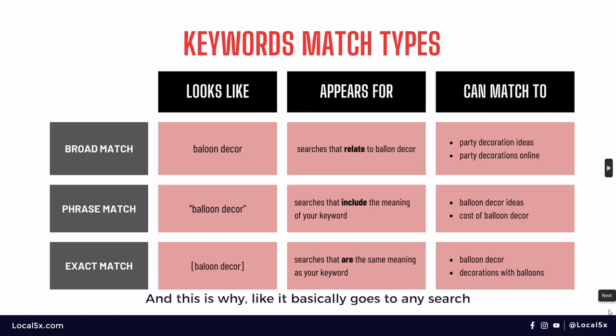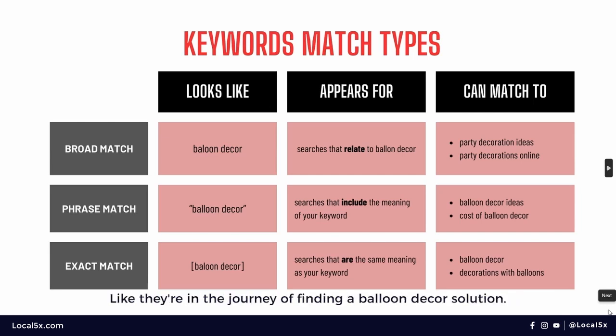And this is why. It basically goes to any search that relates to balloon decor. So it can match, like I put in the example, to party decoration ideas, party decorations online, anything almost related to balloon decor. And the reason why that's not a good chance of having a prospect behind is because for Google Ads, as expensive as they get, as you know, you want to make sure that whoever is behind the keyword is very close to making a purchase, right?